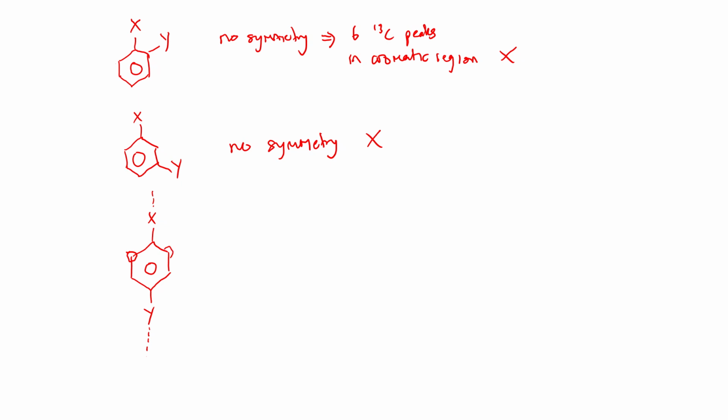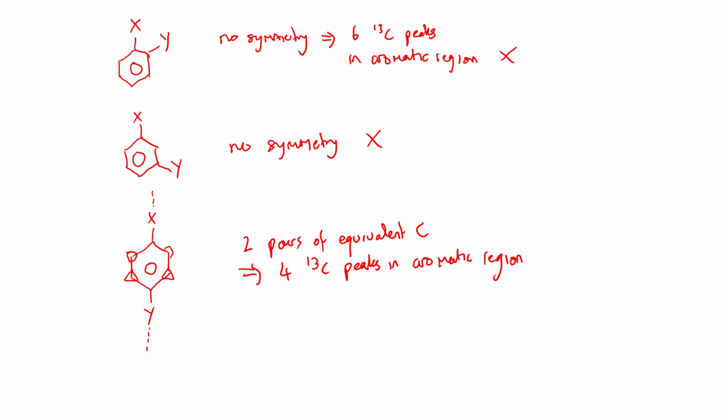And likewise, this carbon and this carbon will be equivalent. They'll be different from each other because this one's close to X and this one's close to Y, but we've got two pairs. So we'll have two pairs of equivalent carbons. Meaning that there will only be 4 carbon-13 peaks in the aromatic region. And that is what our situation is. So that fits our spectrum.